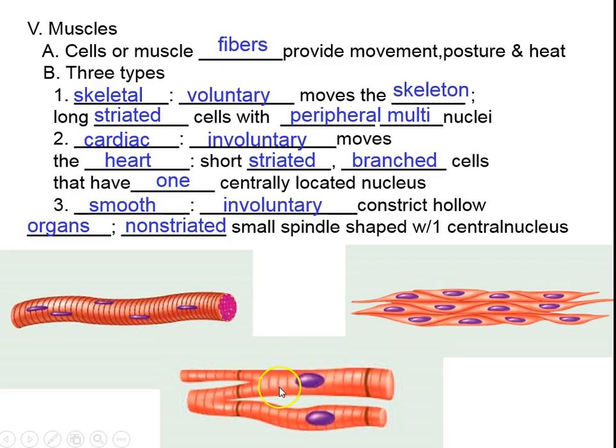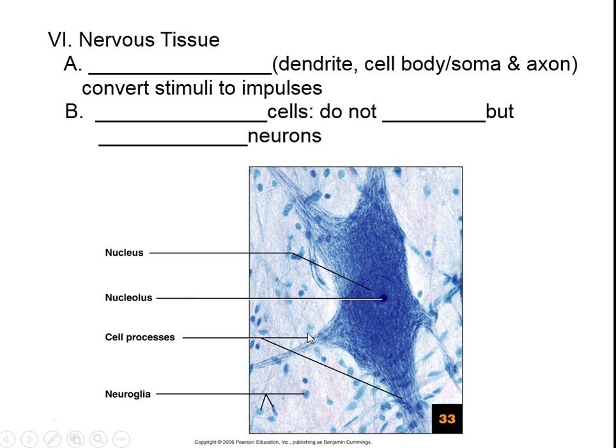Both skeletal and cardiac have striations. Both cardiac and smooth are involuntary and have a central nucleus. So they have some characteristics they share with each other. This would be skeletal, this would be cardiac, and this would be smooth. To me, smooth muscle doesn't even look like a muscle at all. It looks more like epithelial.